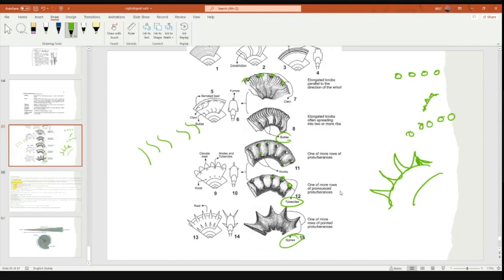A knob is quite smaller than these tubercles, and bulla is quite a kind of like this structure, okay. So this is not that important, just remember. You can see these are the keels, right here. These are the ornamentations which are generally found in every kind of mollusca.